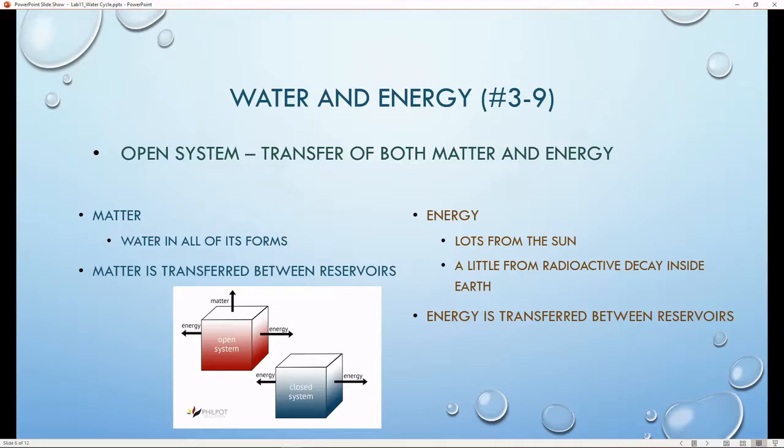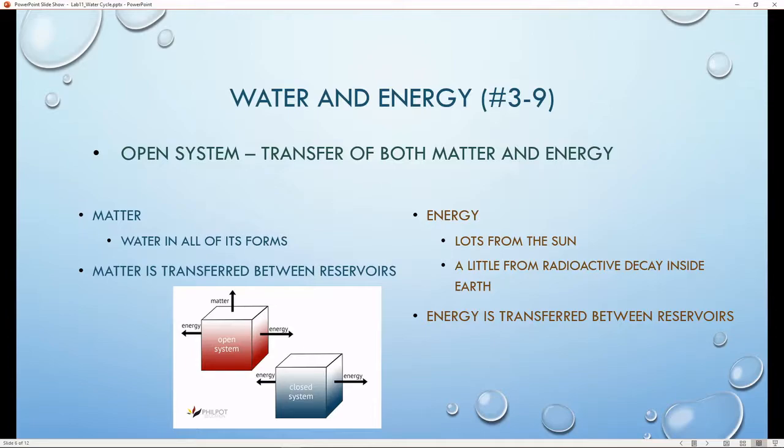The energy that moves the hydrologic cycle along is largely supplied from the sun. In some areas there can be a little bit of energy introduced from radioactive decay inside the earth, but ultimately the hydrologic cycle is largely driven by the sun. This energy is also transferred between different hydrologic reservoirs, carried by the water itself.